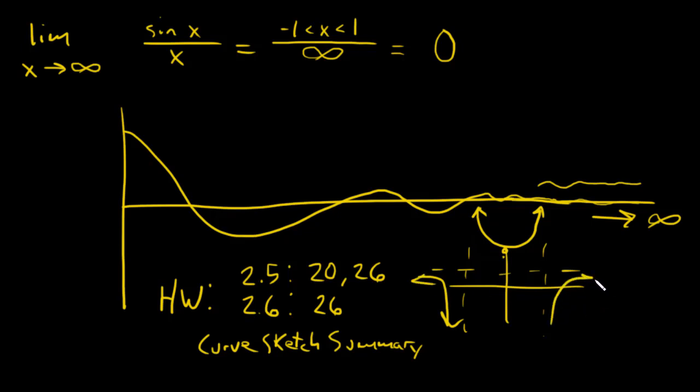I'm not making this up. Some of the functions look like that when you graph them out. So once you get to 2.6, some of the functions are very interesting because they have a min here, a horizontal asymptote, vertical asymptotes, all sorts of things going on.